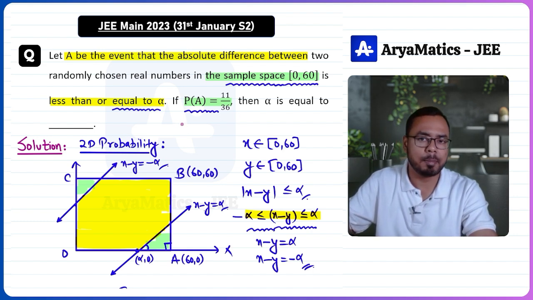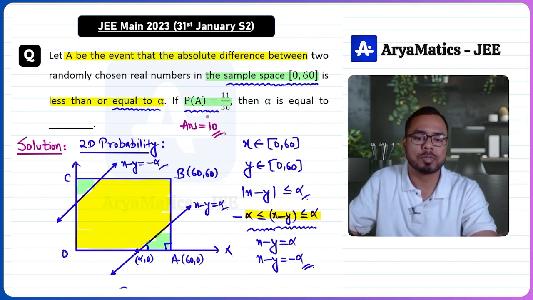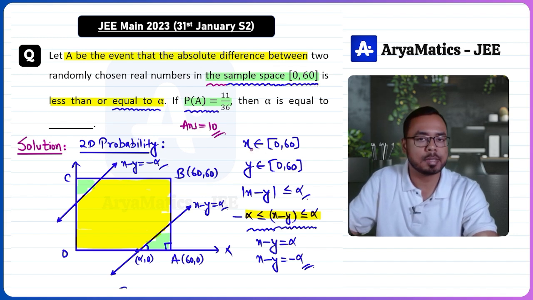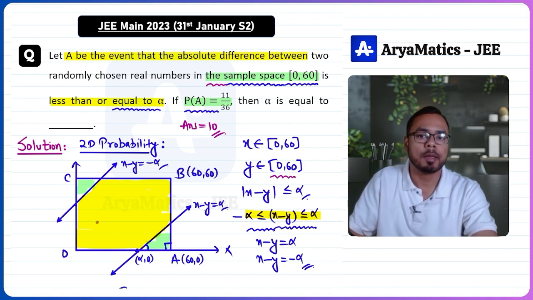So in JEE Main, generally you will not find problems on 2D or 3D probability, but this was one problem from 2D probability, because x and y can take all the values from 0 to 60, right? So x is a number from 0 to 60, y is a number from 0 to 60. So any point inside this square is a point in the sample space, right?